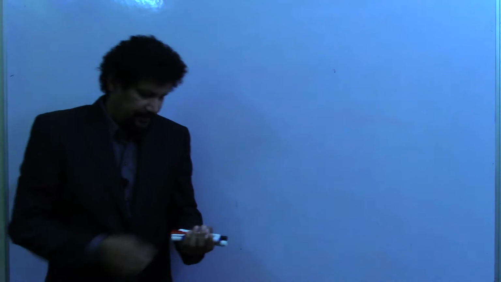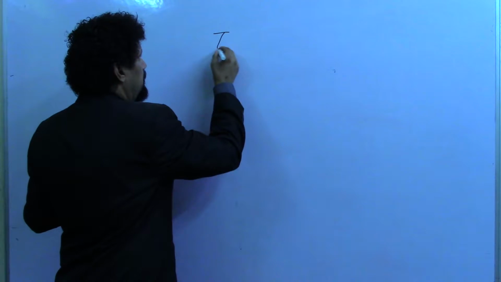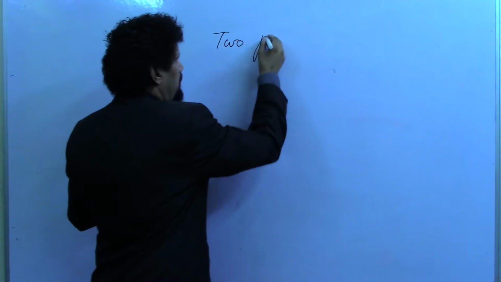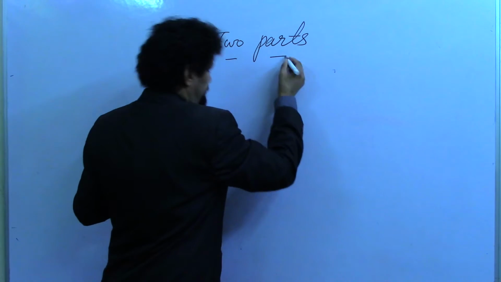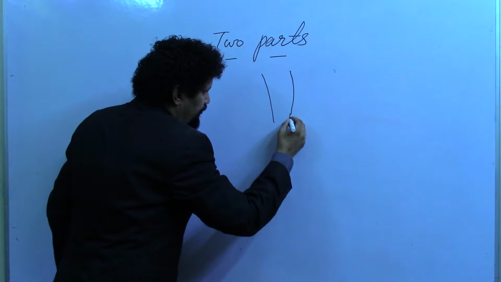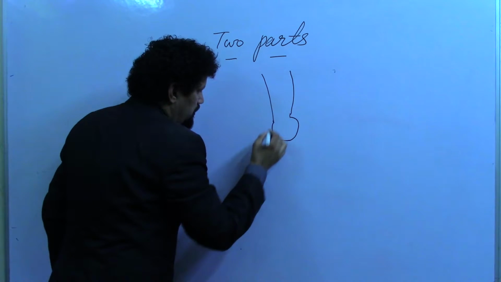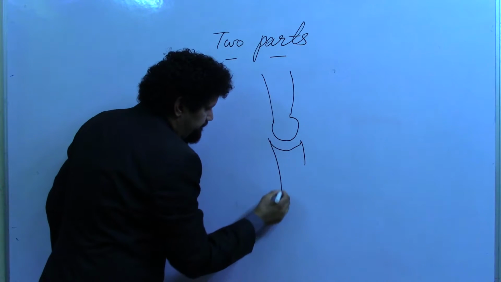Now the muscle is having two parts. This is the one bone and this is the other bone of the joint.